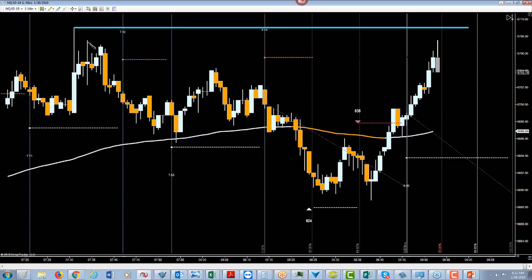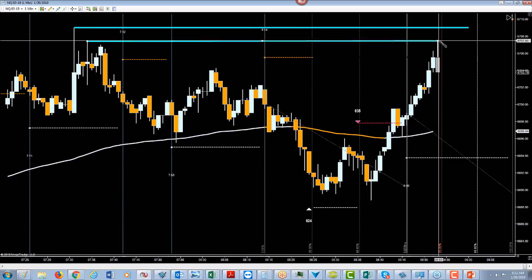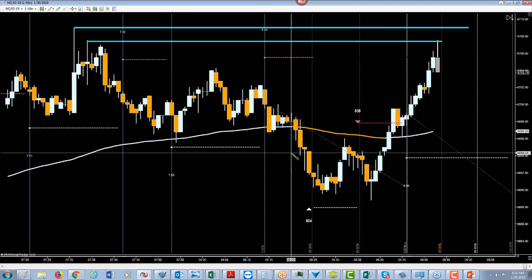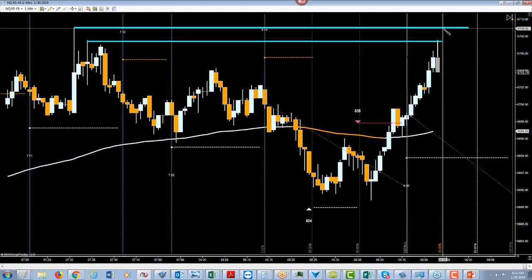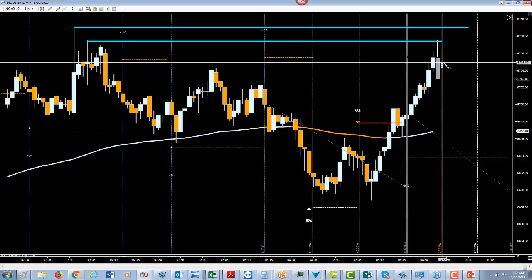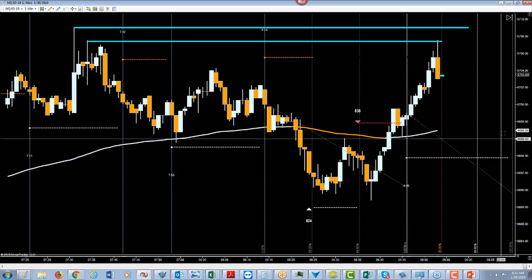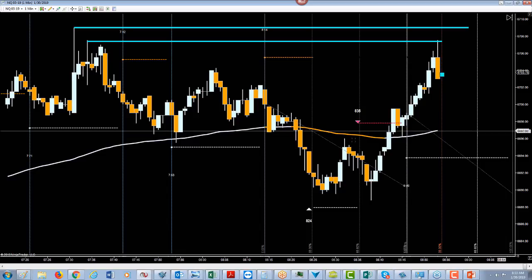So this would be an area that they're looking to stop people out from. And we're coming into that selling pressure time here. So these surges up into the move are where we're going to see the best selling pressure.